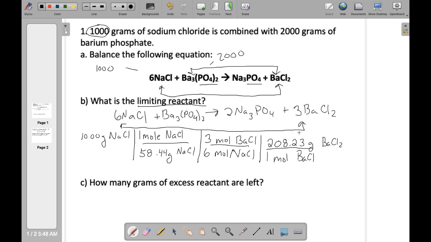I will do this math, and at the end I will get about 1,781.57 grams of barium chloride. Well, now I have to do this entire process over with barium phosphate. So I'll just put this number up here so we remember it. 1,781.57. And this is with sodium chloride.